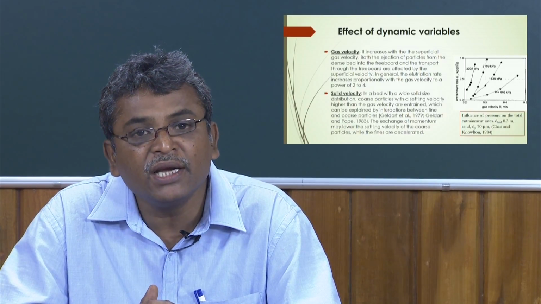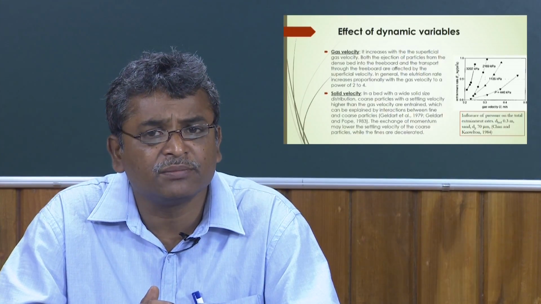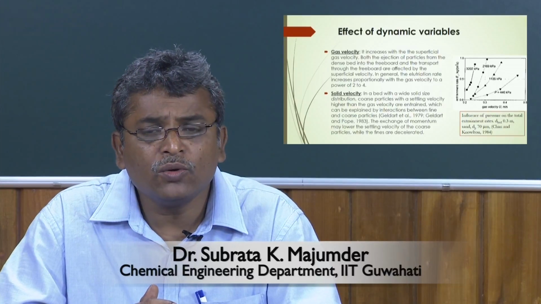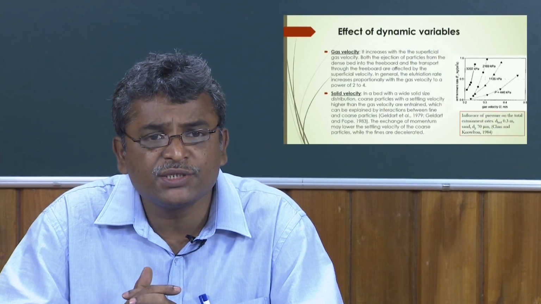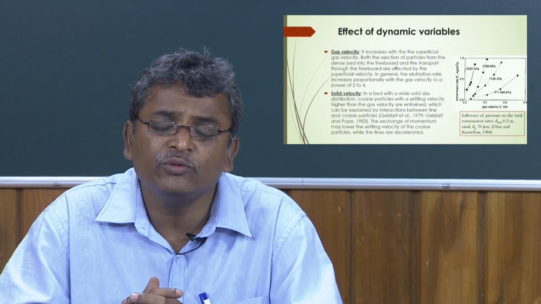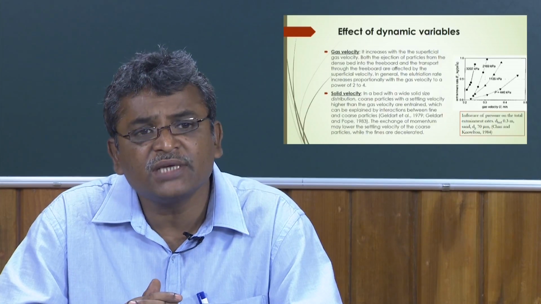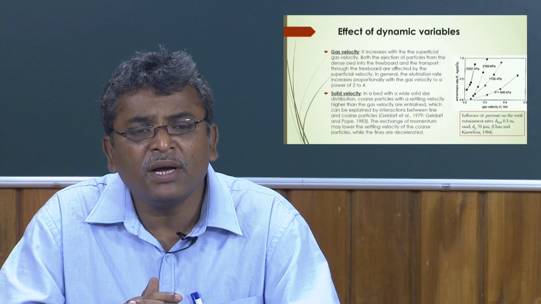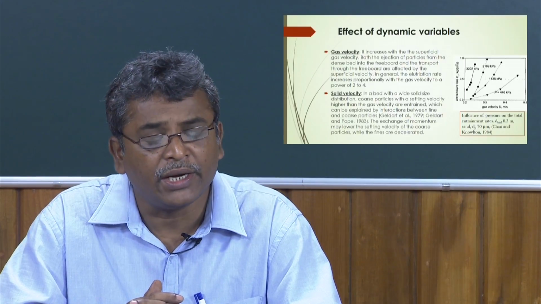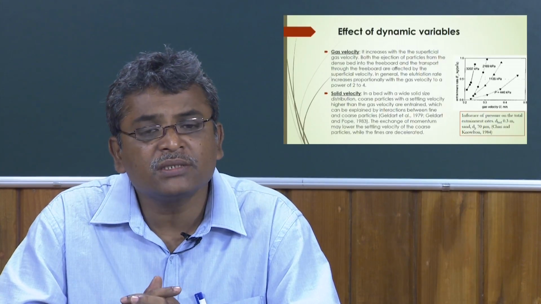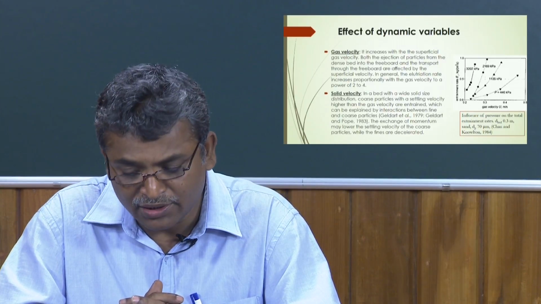The net rate of entrainment depends on those interactions of the solids. Very interestingly, if there is a wider size distribution, you will see there will be an interaction. Otherwise, for a uniform size distribution, there will be no mass interaction which will hinder the entrainment rate. So, only for wider size distribution there will be a decrease of entrainment rate.